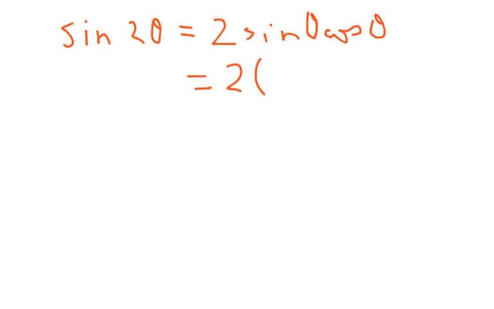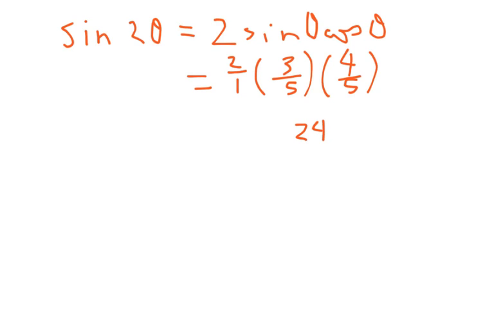Sine of theta is 3/5. Cosine of theta is 4/5. You can write this 2 as a fraction if you want. That's 2 over 1. And so we're going to get 24 over 25. And you're done with that one.